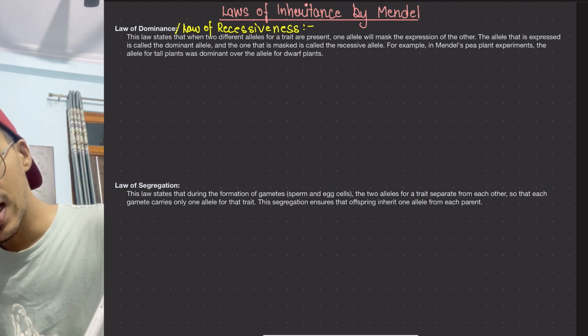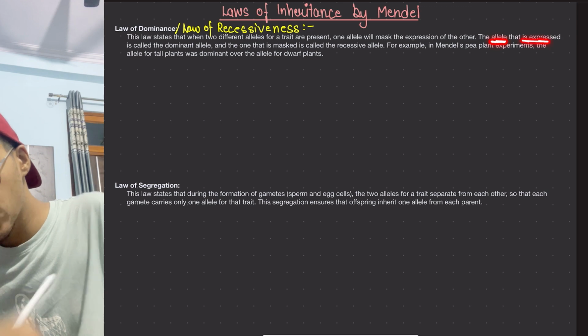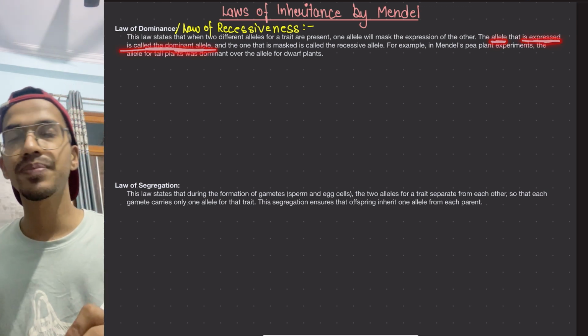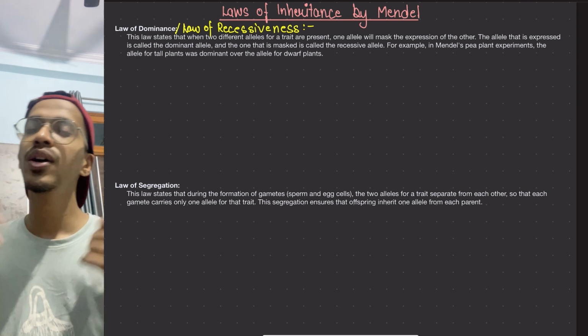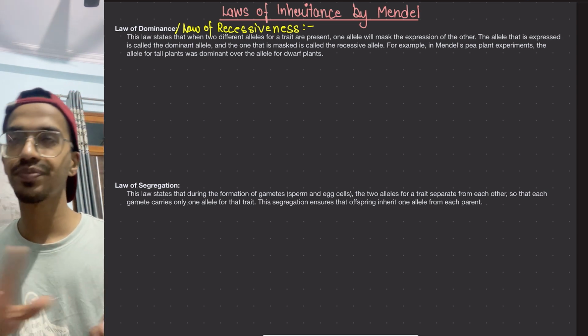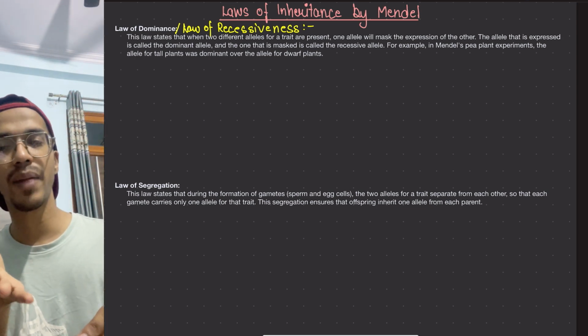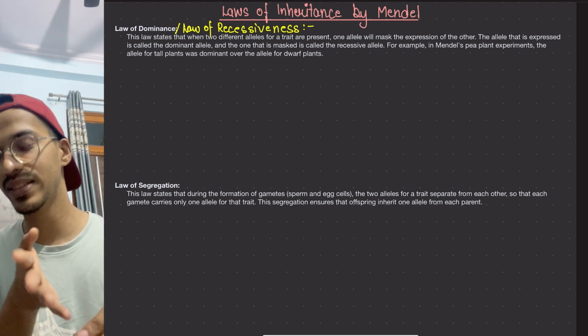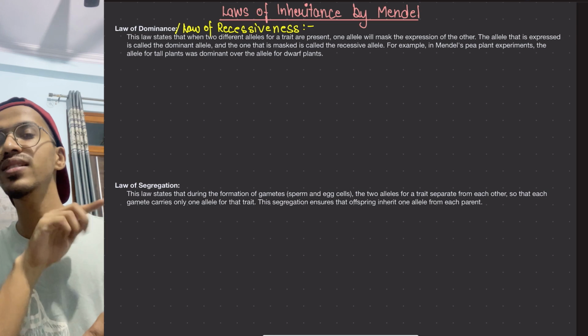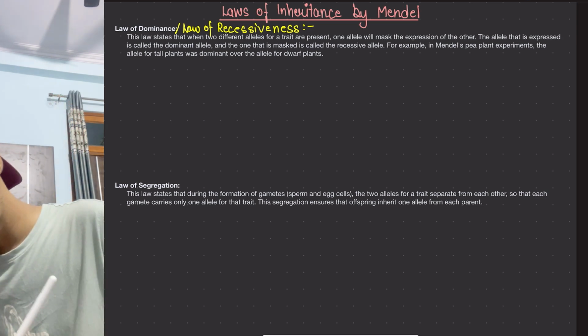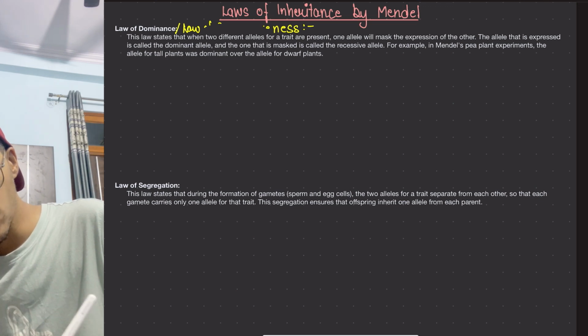So the allele that expresses is called the dominant allele. It is the same like when there are two siblings, one sibling will outsmart the other sibling in a lot of places. So the one which is outsmarting the other, means one is masked, and the one that is masked is called the recessive allele.